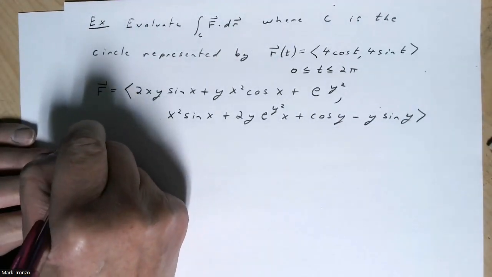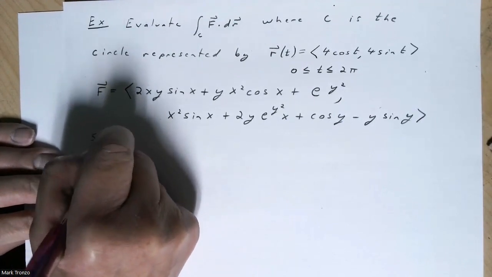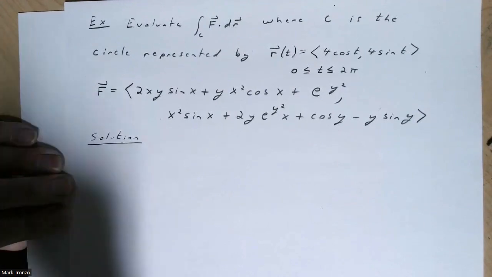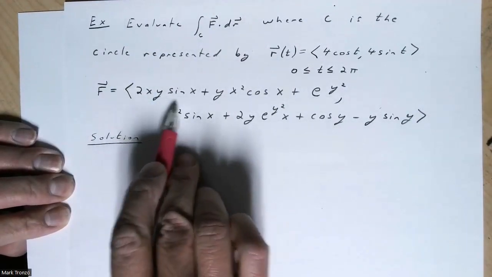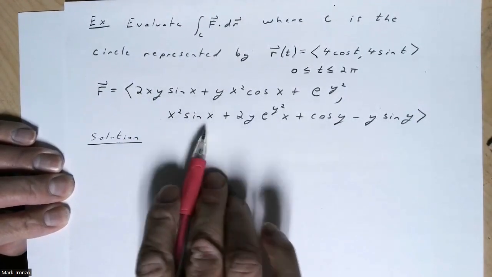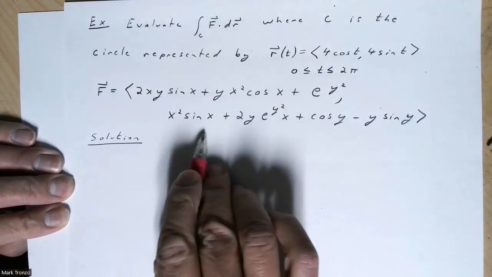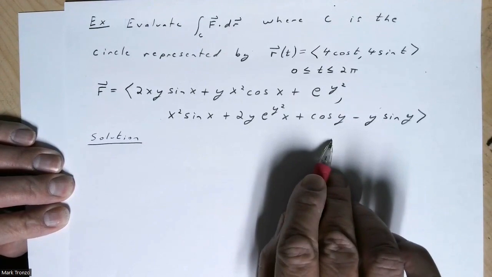And so, first of all, let's see if we have a potential function available. And again, I won't write this down again. Let me just note here that this is P and this is Q.